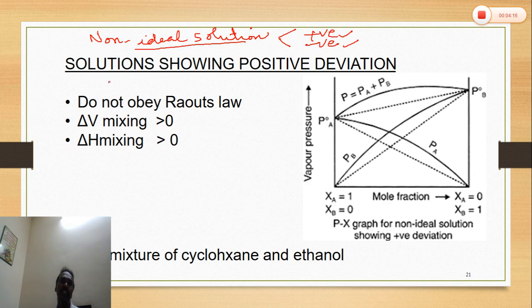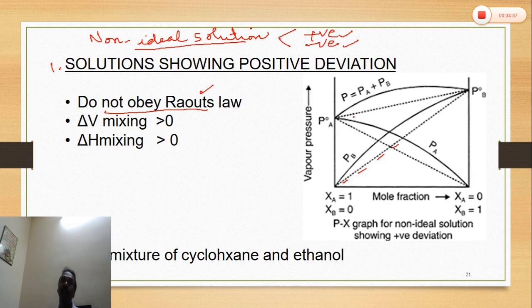The first one is solutions showing positive deviation. Solutions showing positive deviation means they do not obey Raoult's law. That means instead of getting a straight line in this vapor pressure mole fraction curve, they will be deviated towards the positive direction.